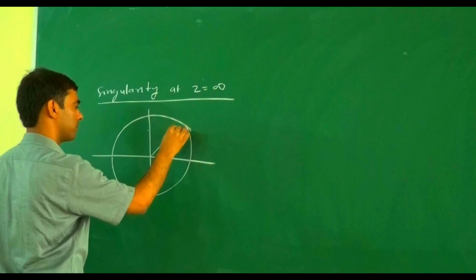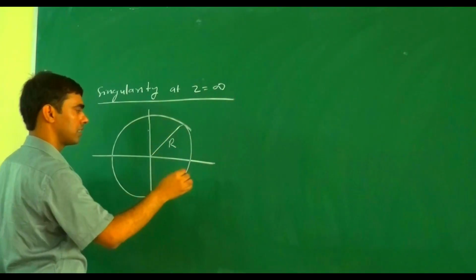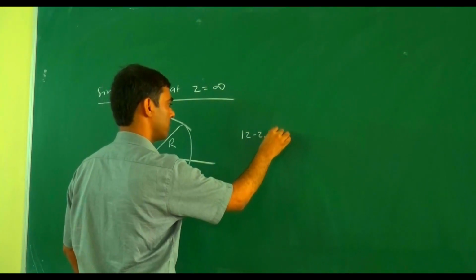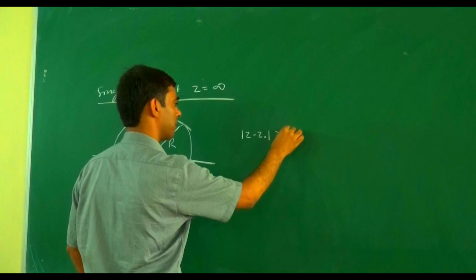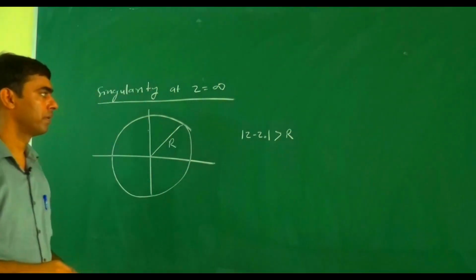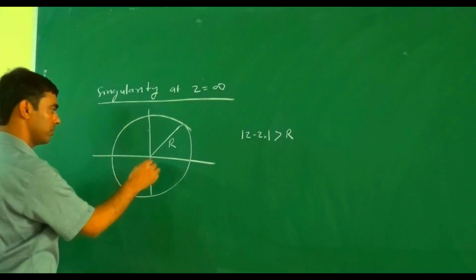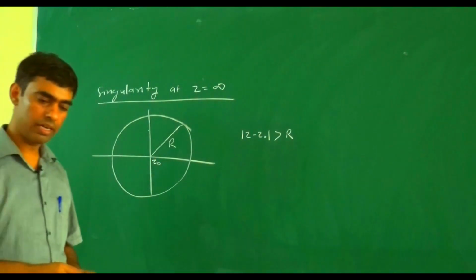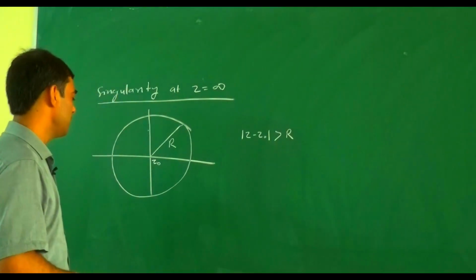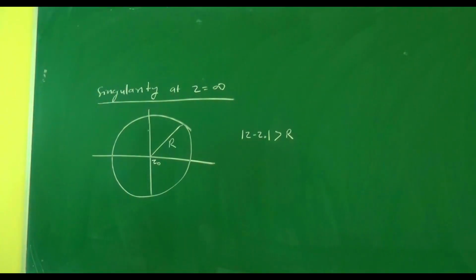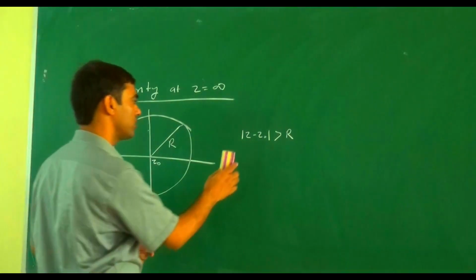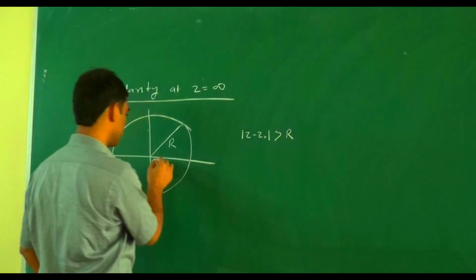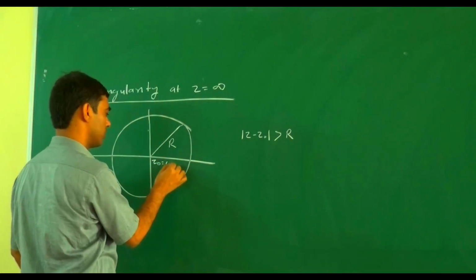there exists a region mod z minus z0 greater than R. Suppose we assume that the center is at 0, 0, so z0 equals 0.